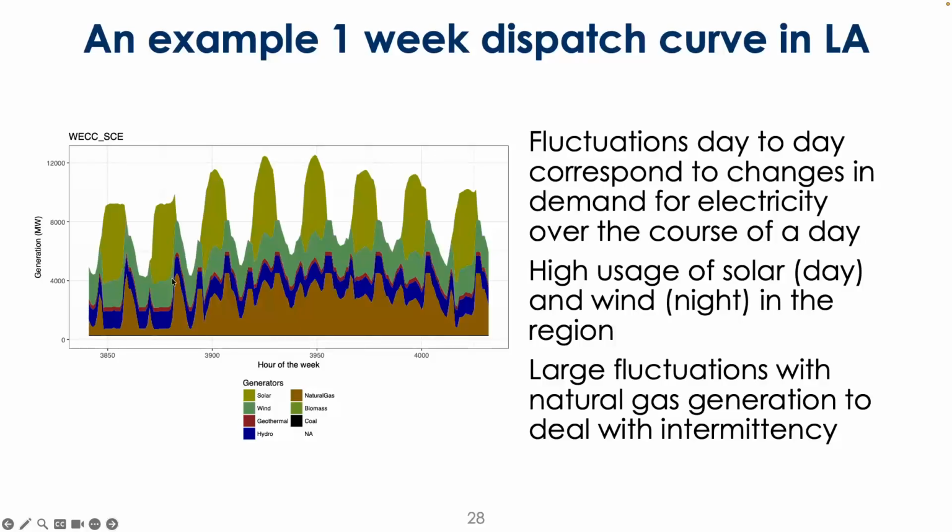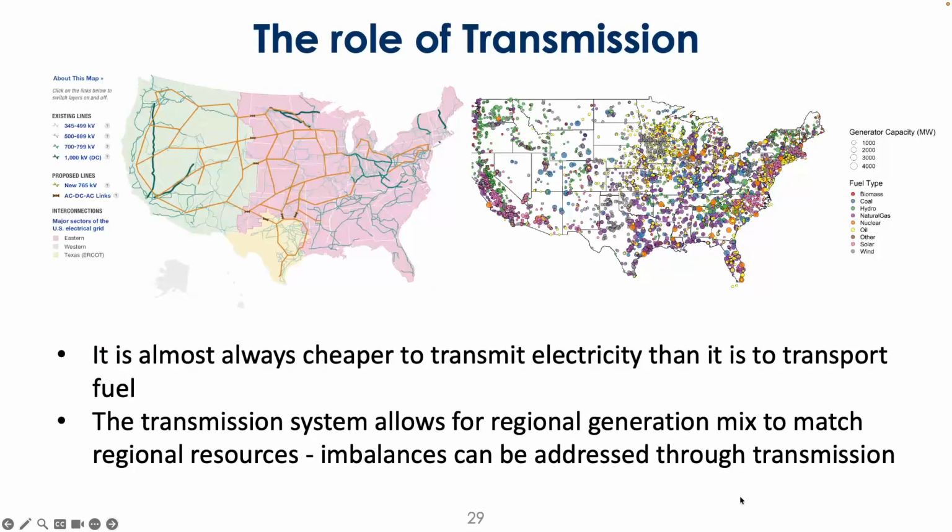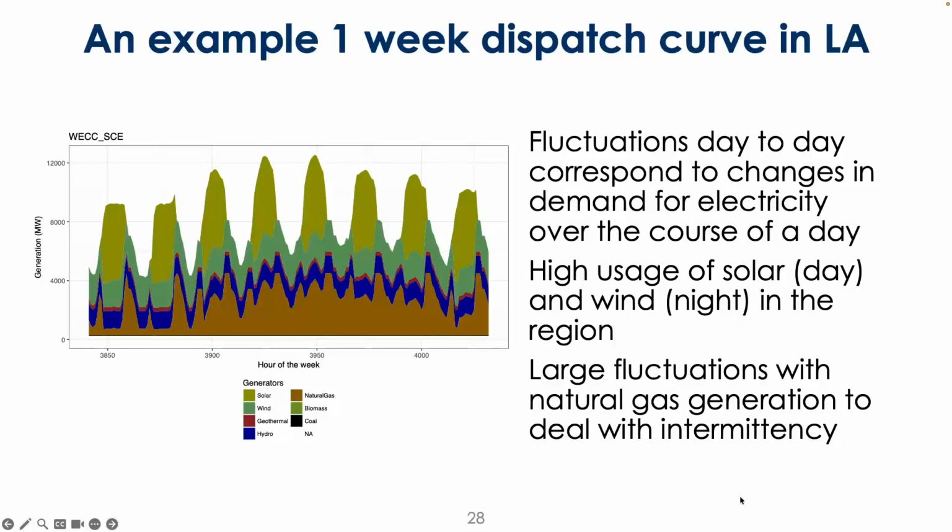Green is wind, and this big bottom part is natural gas. Natural gas is the flexibility in our system, peaking up and down to accommodate changes in solar and wind generation. So that's one week of electricity dispatch in Los Angeles.